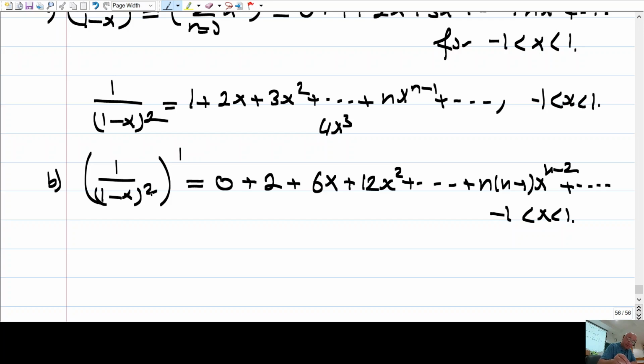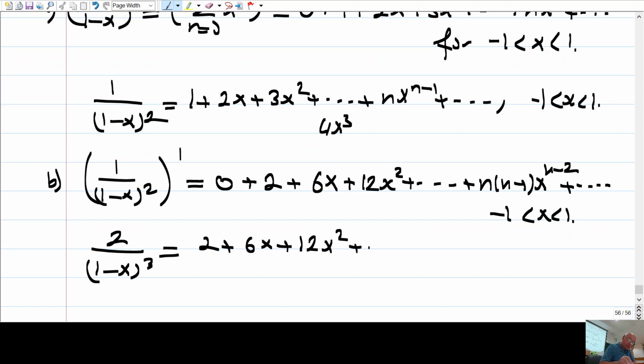What about this? This is just 2 over 1 minus x cubed: the power of minus 2 comes down as minus 2, and the derivative of the inside gives another minus, so we get the cube. Okay. Derivative of this is just 2 over 1 minus x cubed, and it is just 2 plus 6x plus 12x squared, n times n minus 1 x to the power n minus 2, and so on.